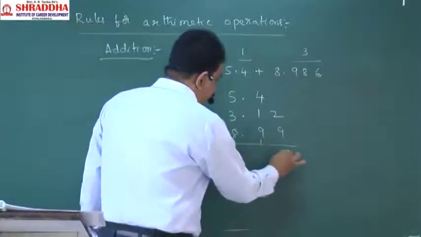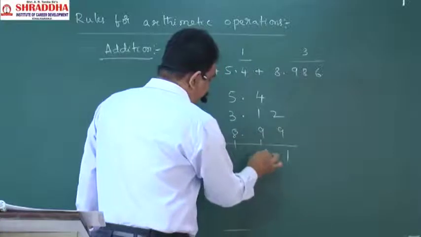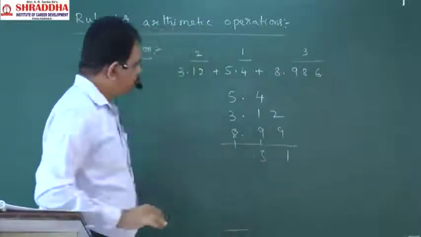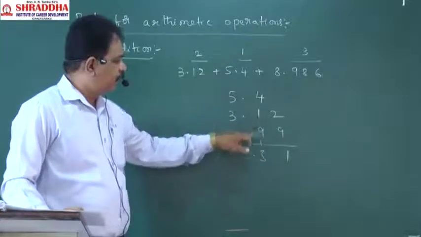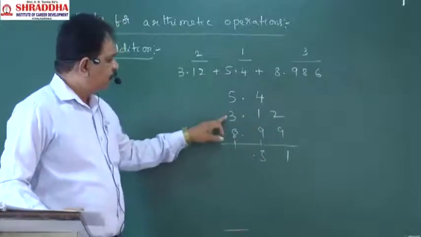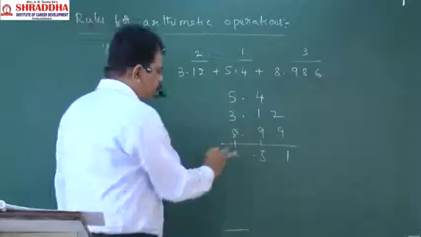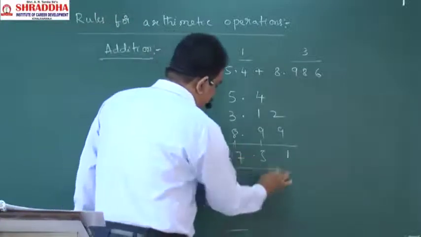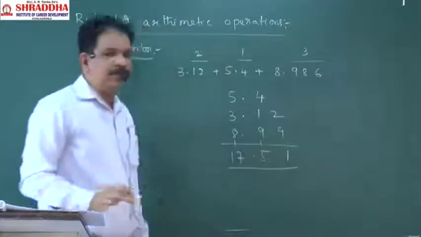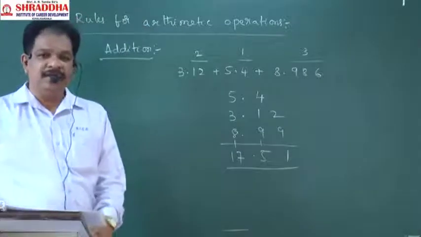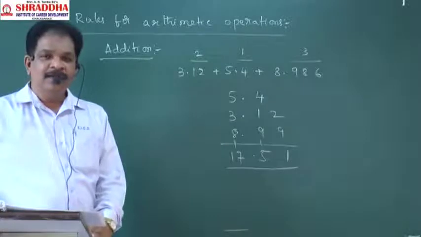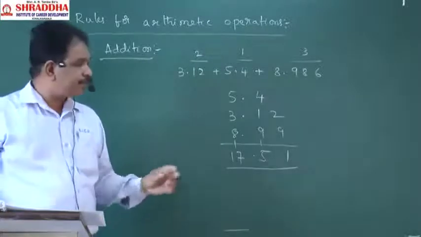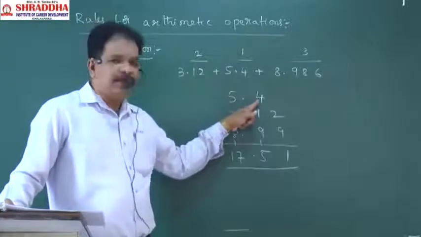So 11, 10, 15. Next, then do the addition. 9 to 11, 10, 5, 15. 9, 3, 12, 12, 5, 17. So 17.51 is the answer. But the answer also you have to round. The answer will have the minimum significant figures.